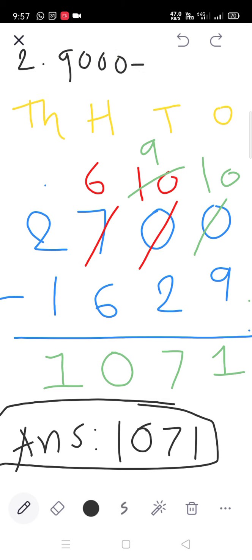Try to solve it. Otherwise, I will solve it for you. In the textbook, these examples are not given. I am writing by myself.